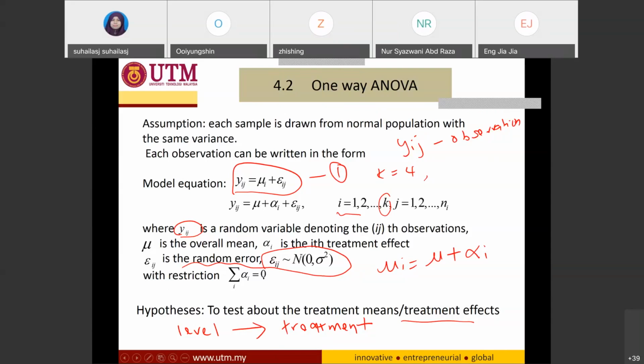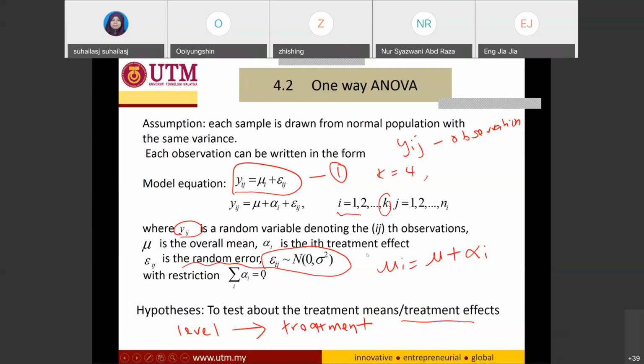Alpha i is your treatment effect. Eij is your random error. In this case, we assume that Eij is normally distributed with mean 0, under the restriction summation alpha i equals 0.